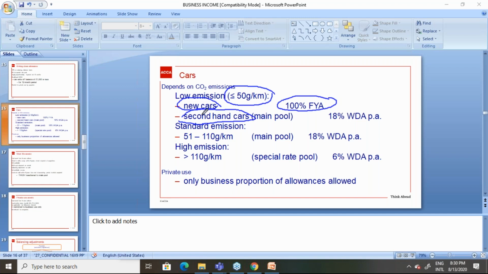But if it is a second-hand low emission car, a used low emission car, then you cannot claim first year allowance. It must be included in the main pool on which you can claim WDA at 18% per annum. If the accounting period is more than 12 months or less than 12 months, this 18% you need to time apportion. Then a standard emission car where the carbon dioxide emission is 50.